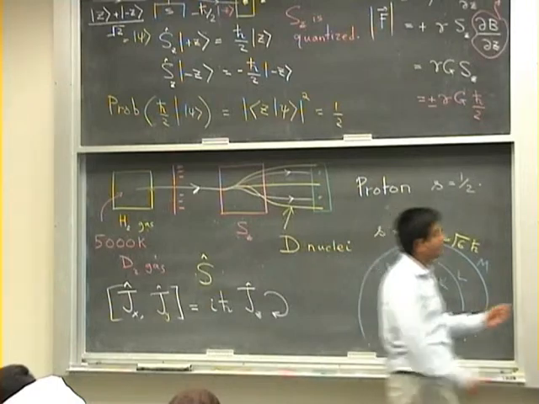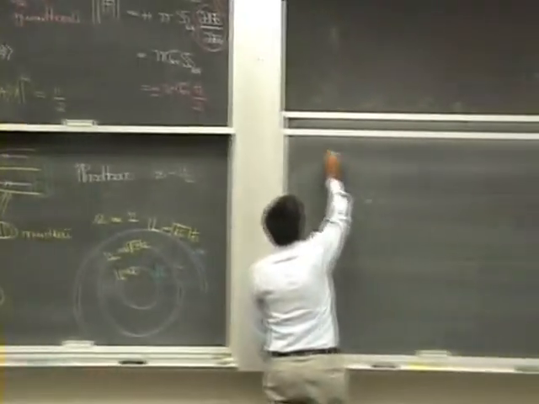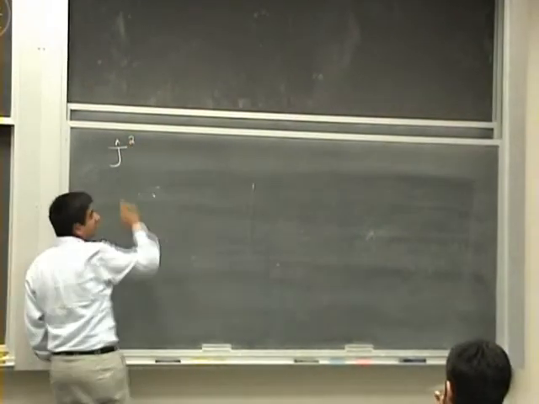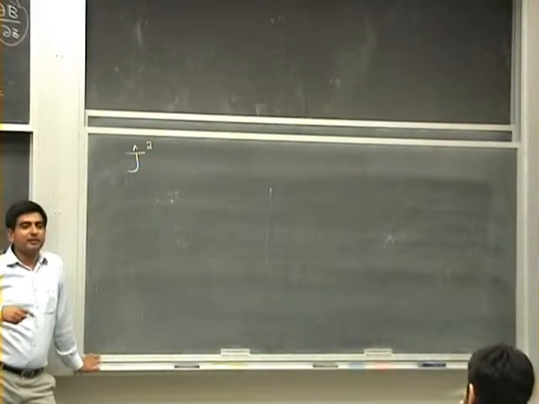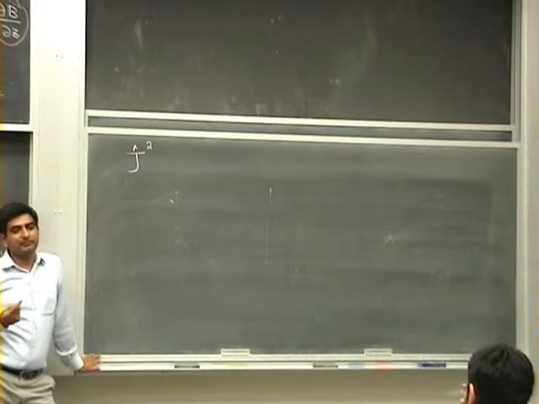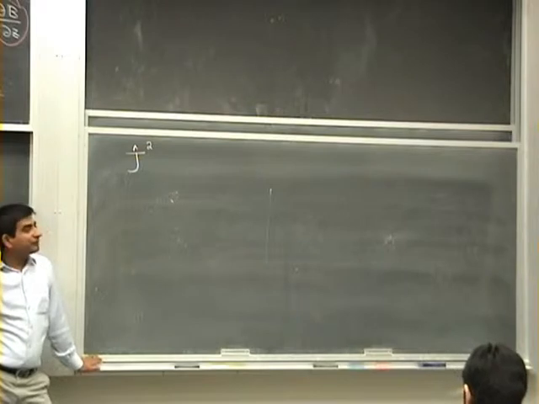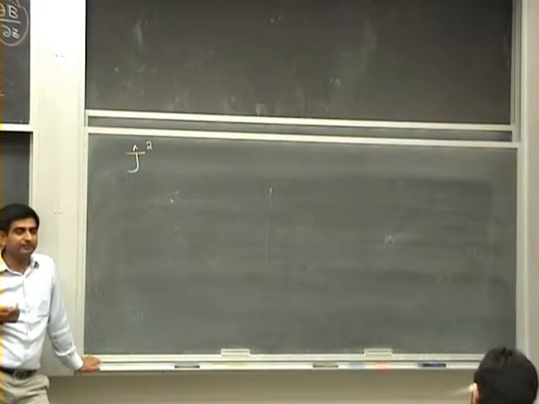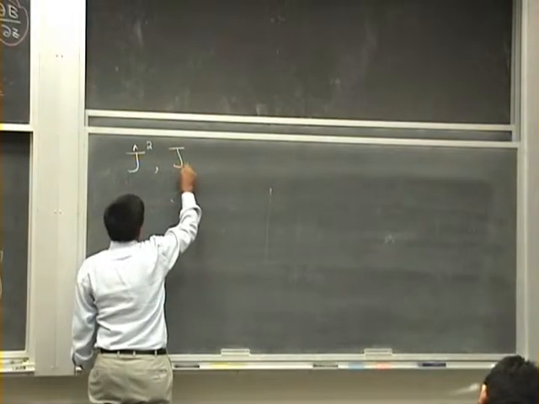Likewise, we can also define J squared, which is another operator. Now the property of J squared is that it commutes with Jz.